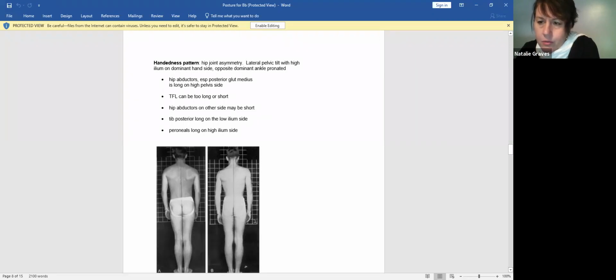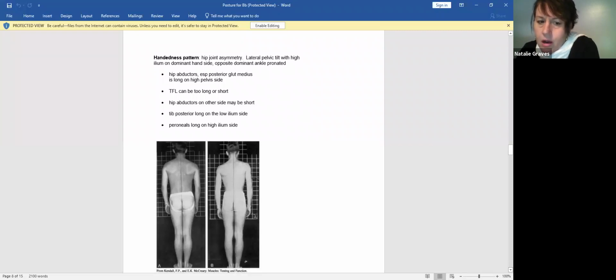Over the years, as we've looked at so many different students' postures, and we'll have you document what postural type you are, if there was any discrepancy on short and long, I think it was the handedness pattern.